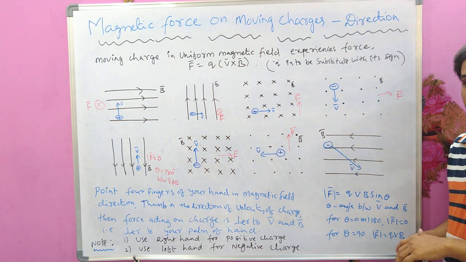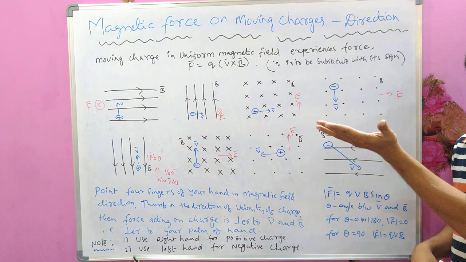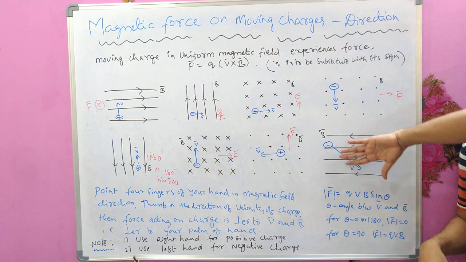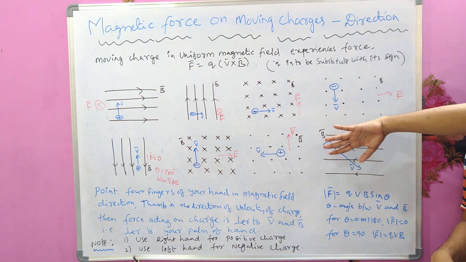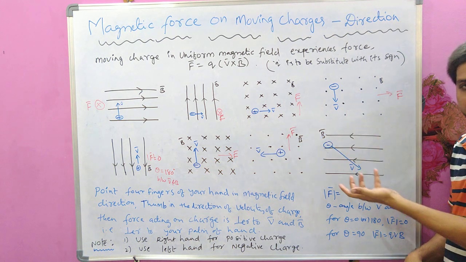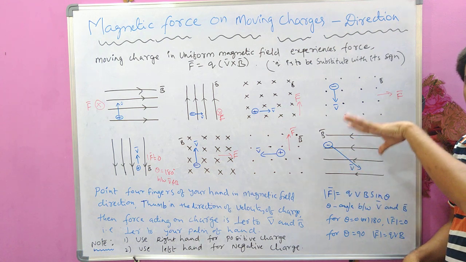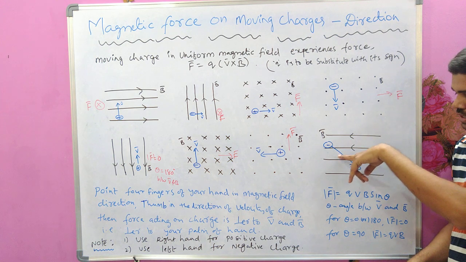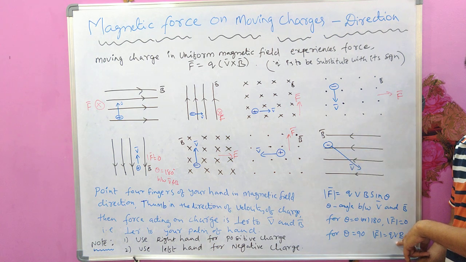And this is a negatively charged particle, so you have to use your left hand for predicting the force. No matter whether they are perpendicular or any other angle between V and B, some force will definitely be acting on the particle, but in this case it is less than QVB.